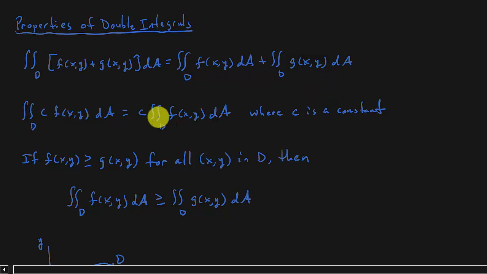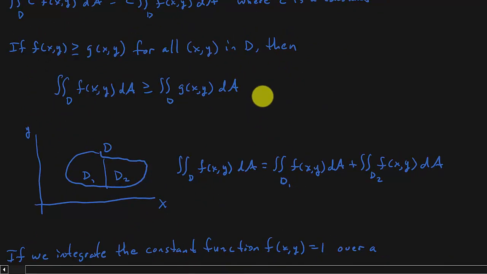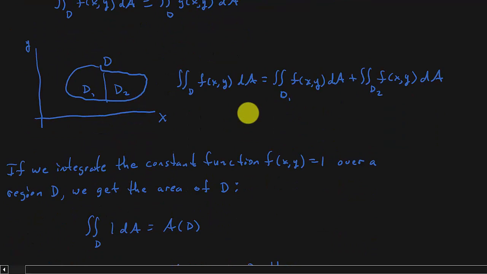And then this, we can pull the constant outside. And then this one says that if we have a function f of xy is greater than g of xy for all points in D, then the integral of this function is greater than or equal to the integral of this function right here.